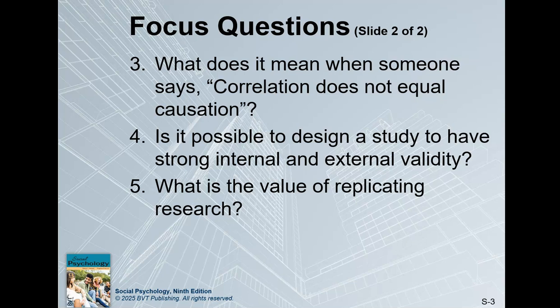Number 4 says, is it possible to design a study to have strong internal and external validity? And question number 5 says, what is the value of replicating research? So those questions will be answered as we proceed.